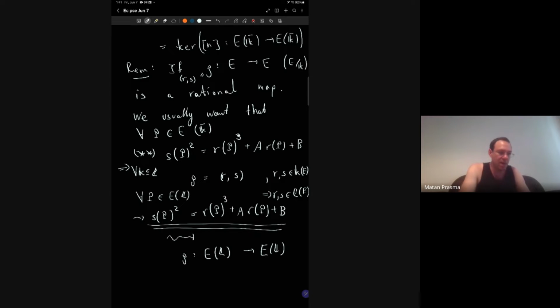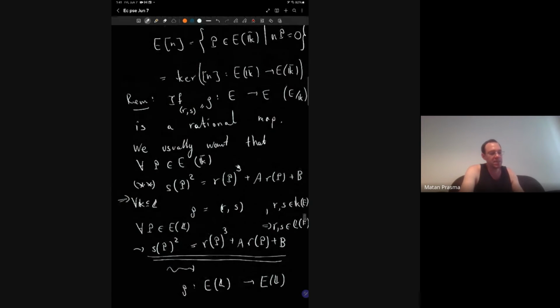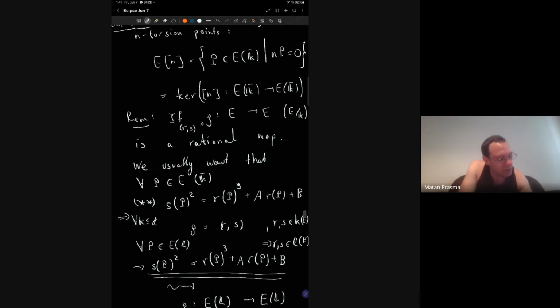And once you have this, then you can regard the multiplication by n map, this bracket n, as a rational map. Obviously, you add two points of E over any field.